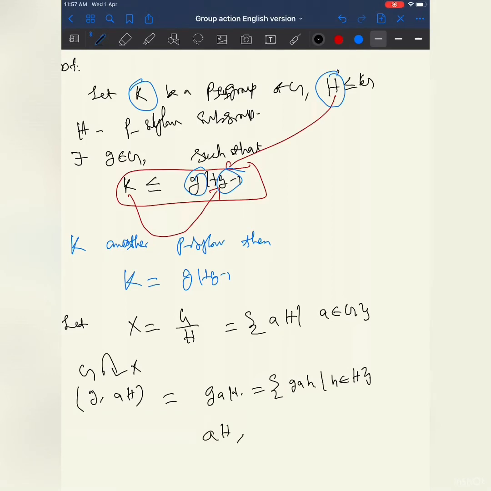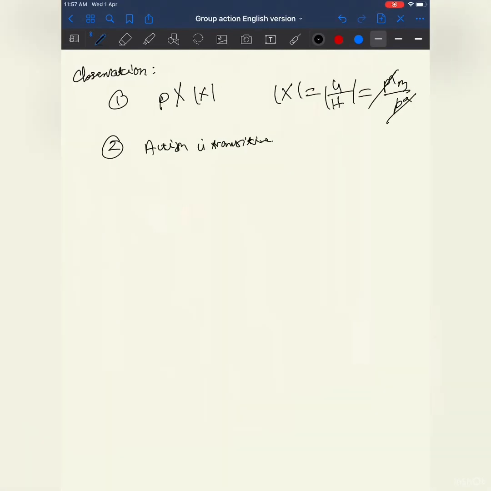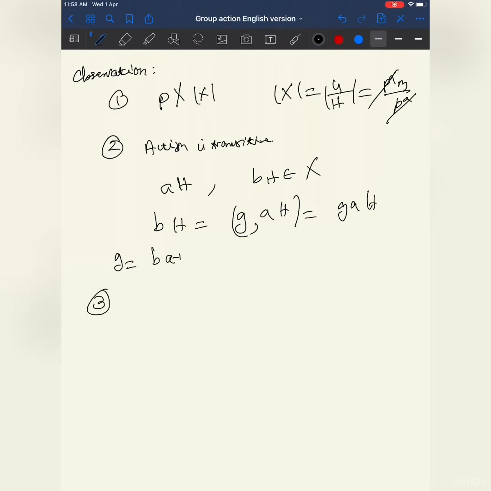Let's take aH and bH inside X. I have to give a connection by G. I want g·aH to equal bH, so I choose g equal to ba inverse. Then I am done. So this is called transitivity. Any two things are related by G, or otherwise a single orbit.